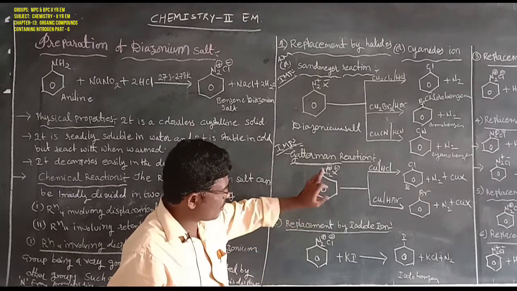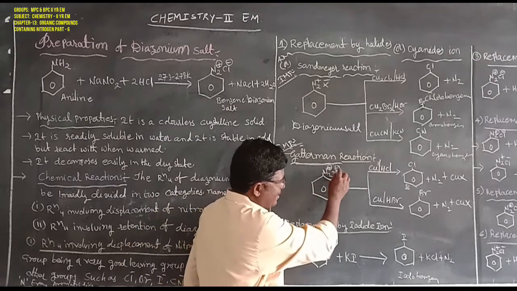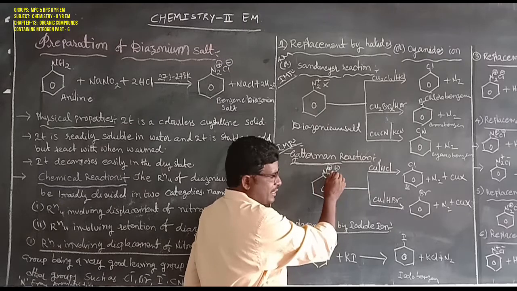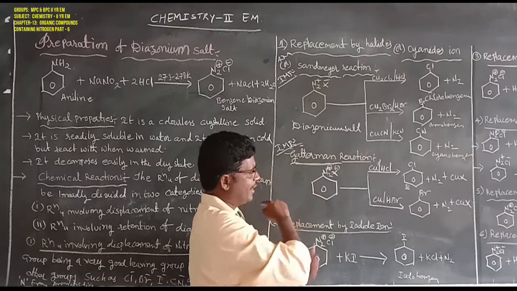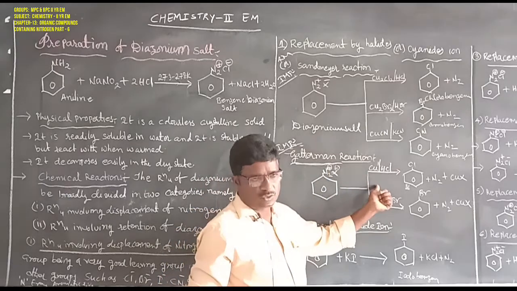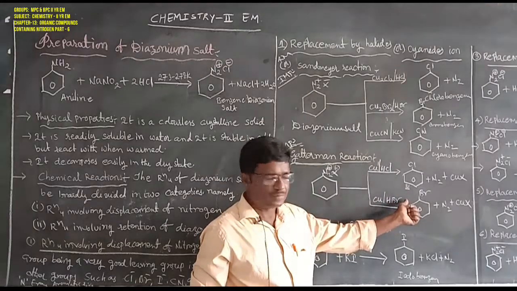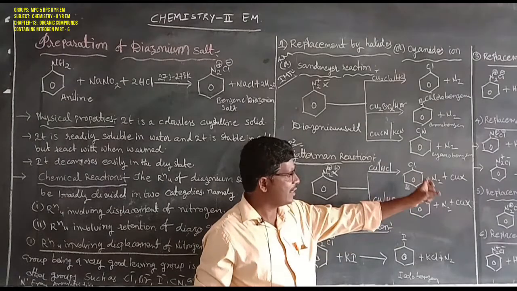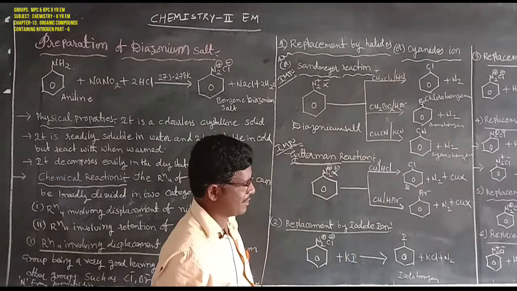Benzene diazonium halide, where X stands for the 7th group elements, or diazonium salt, treated with copper and hydrochloric acid and copper and hydrobromic acid, forms chlorobenzene and bromobenzene. This reaction is called the Gattermann reaction.